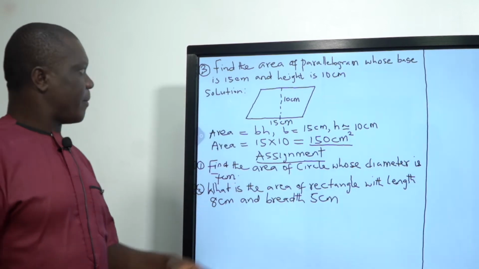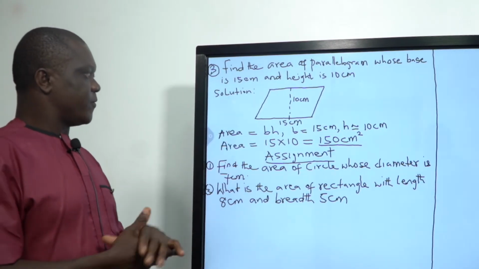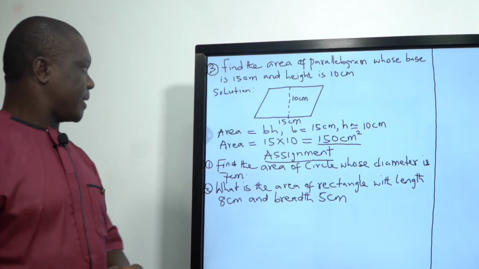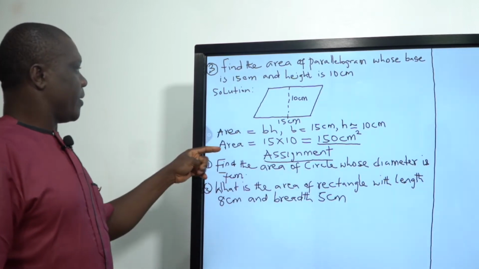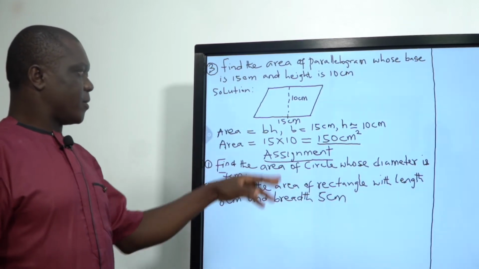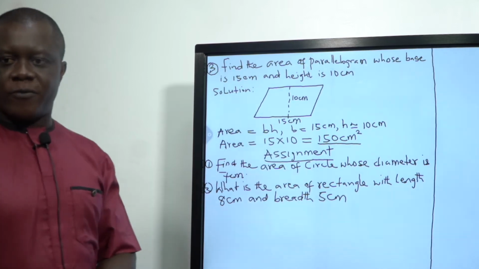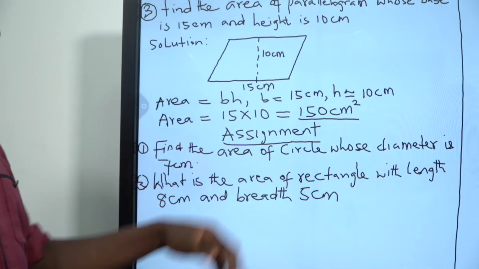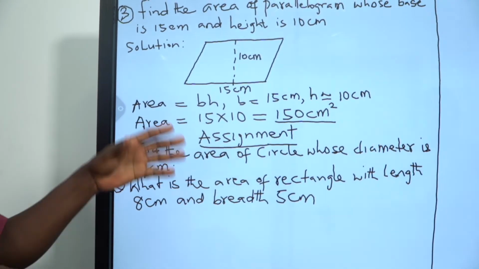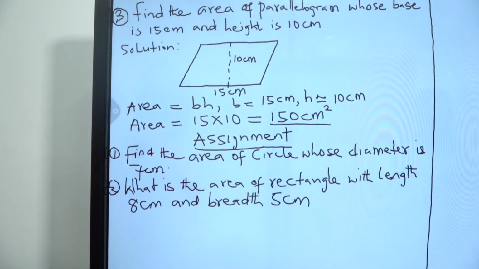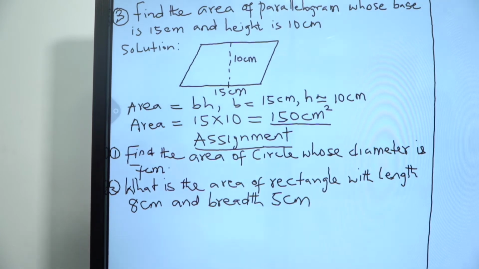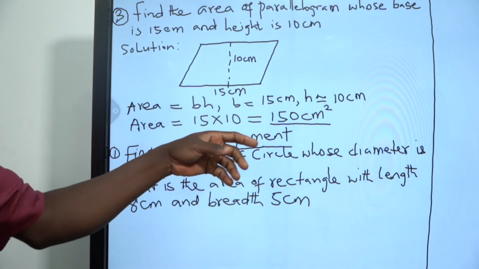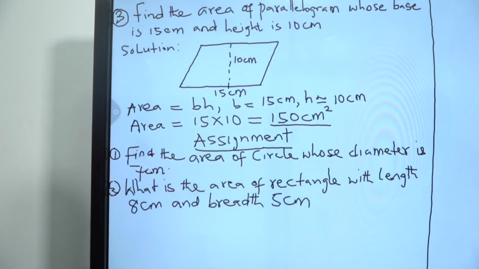According to our diagram and the equation, the base there is 15, the height is 10. Then we say area equals 15 times 10 to give us 150 cm squared. And the same squared is there because the base is in cm and the height is also in cm. When you say cm times cm, you get cm squared.